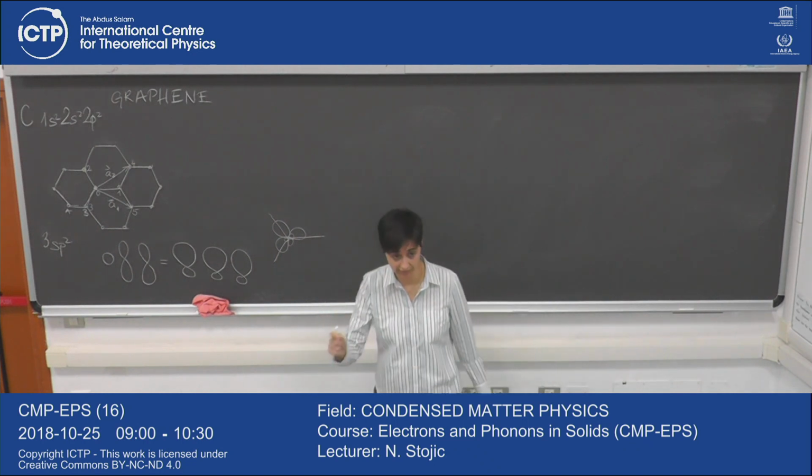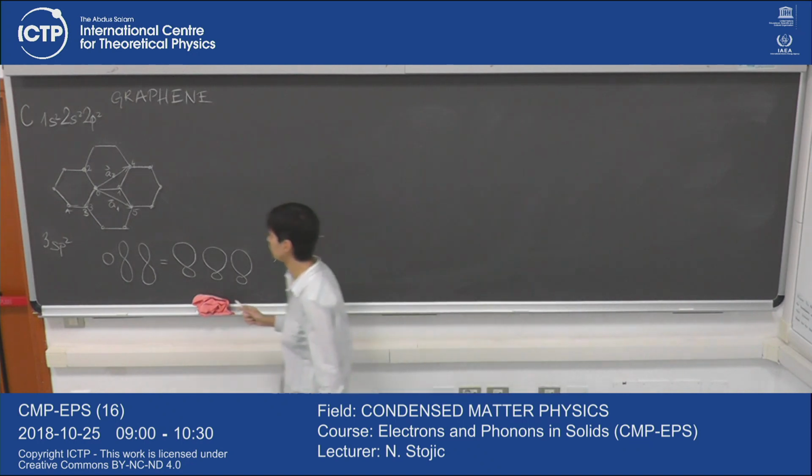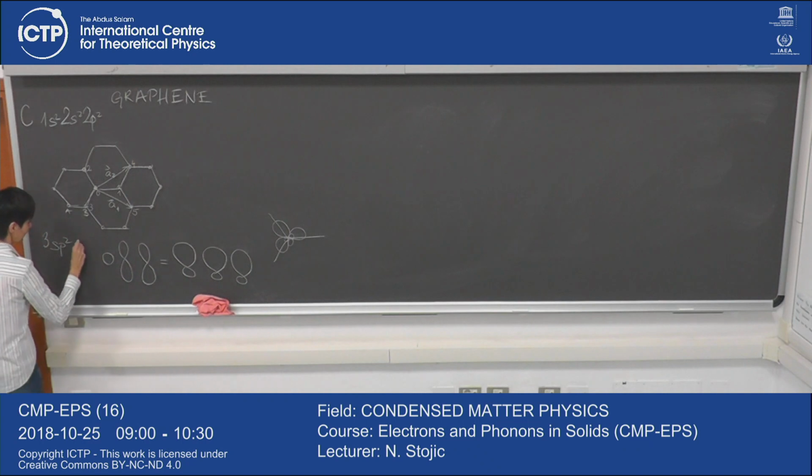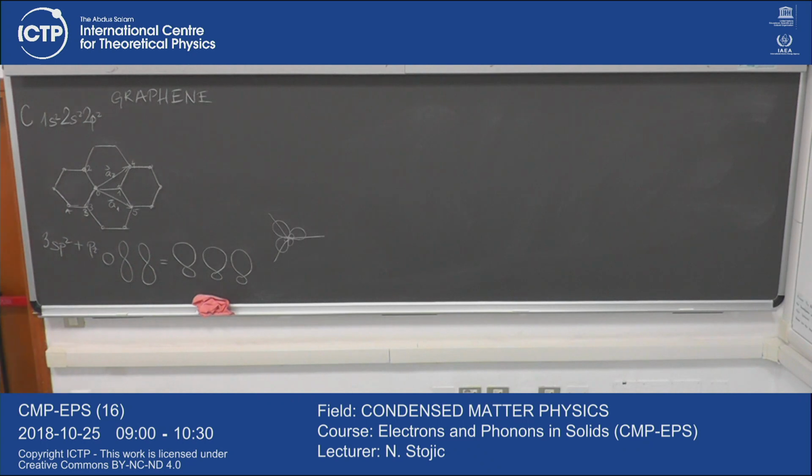But what is left is 1 pz electron. This pz means it's out of plane. The plane is always xy, and z is perpendicular to the plane.